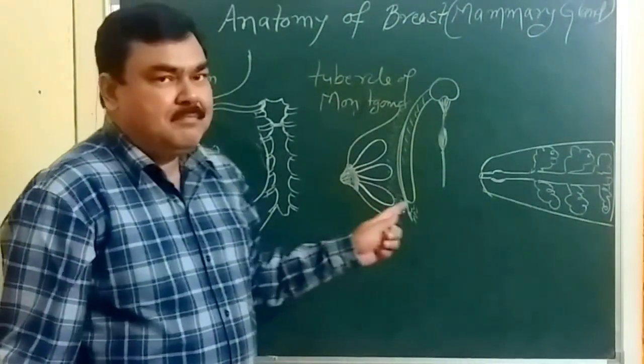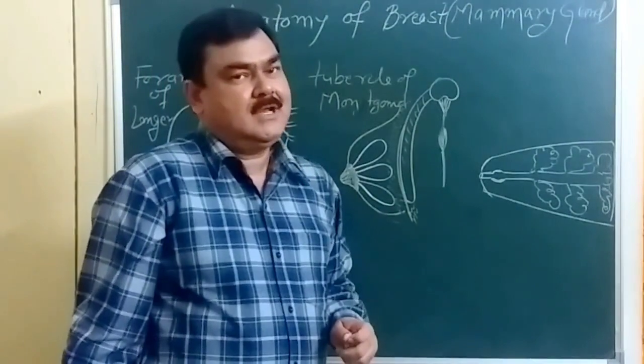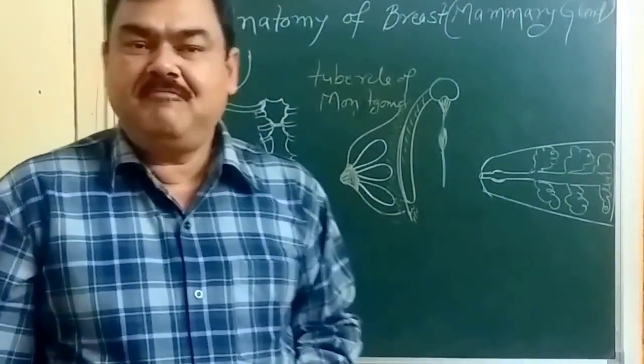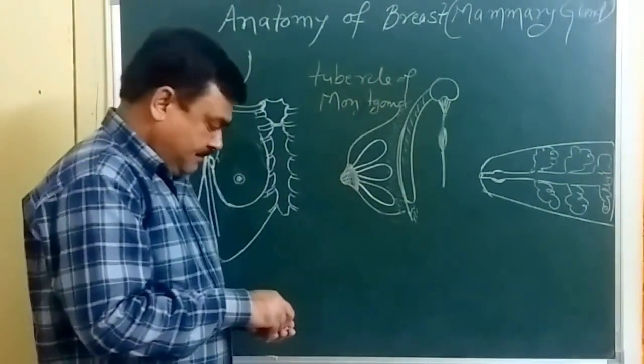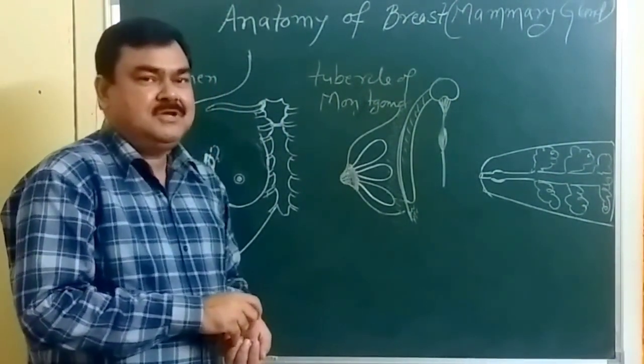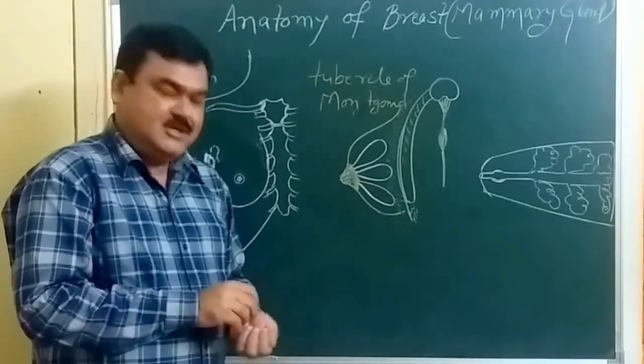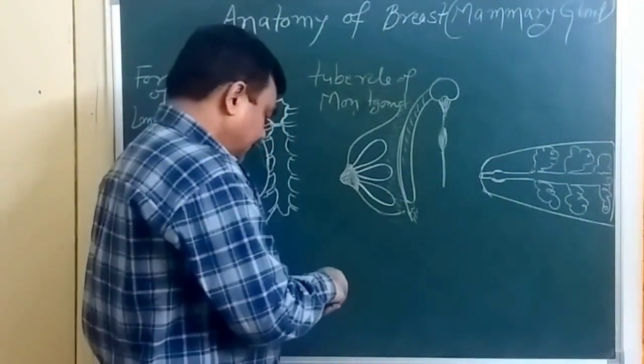Now after the parenchyma, another structure is the supporting framework, that is the stroma. The stroma forms the supporting framework and is made up of fibro-fatty tissue.